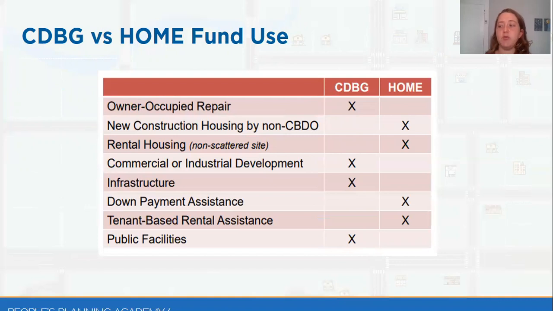So as a comparison between the two, the primary way that CDBG money helps specifically with affordable housing is by providing owner-occupied repair. In contrast, HOME provides services like down payment assistance and new construction, and in general is more focused on providing housing options in a variety of different ways.